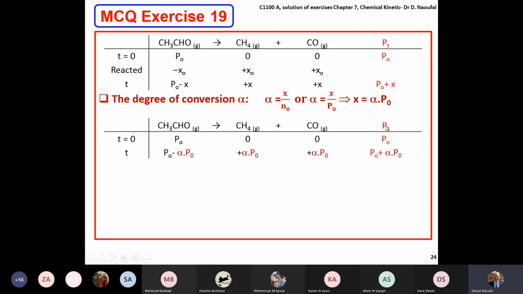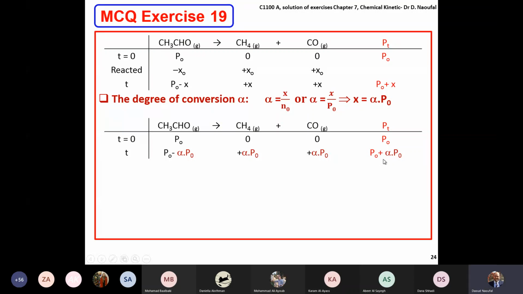So P total according to P initial and alpha is the following. P total at T equals 0 is equal to P0. At time T, it is P0 minus alpha P0 plus alpha P0 plus alpha P0. So P total equals P0 plus alpha P0.